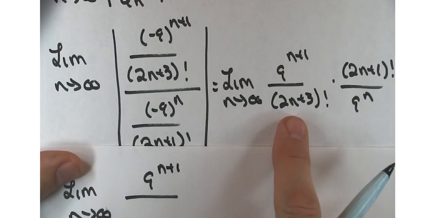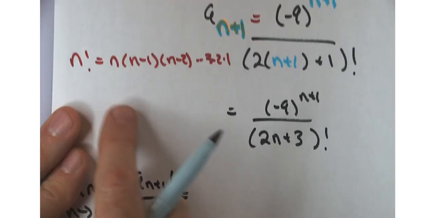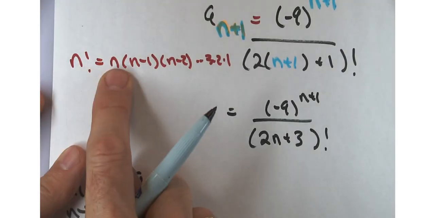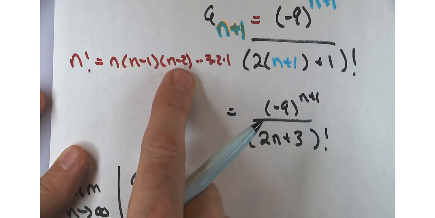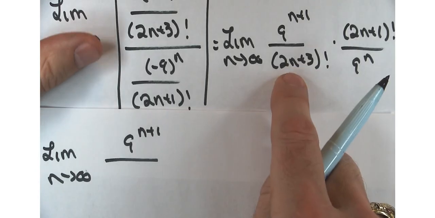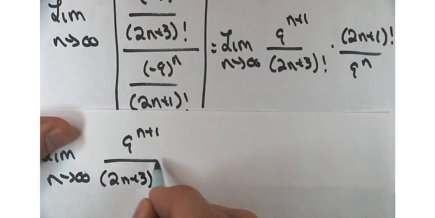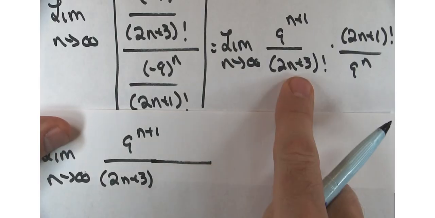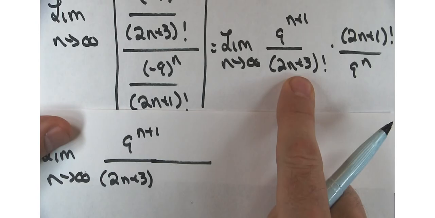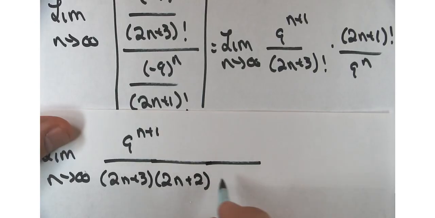Now here's where we got to think a little bit. N factorial is that number times that number minus 1 times that number minus 2, etc. I'm going to rewrite that factorial. It'll start out as 2n plus 3. But what's the next number down from this if you're putting in integers? 2n plus 2, and then 2n plus 1, but I'm going to stop it here.